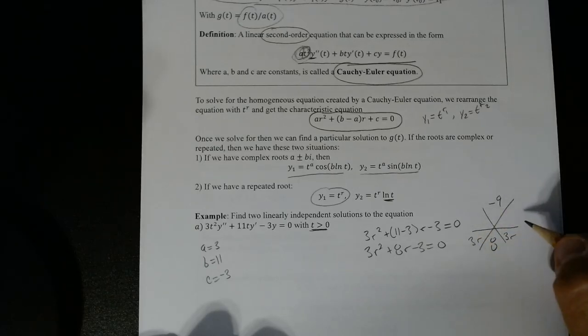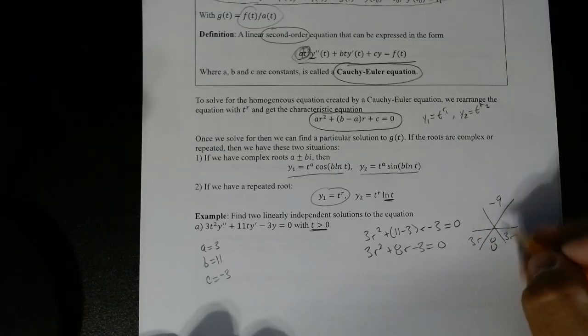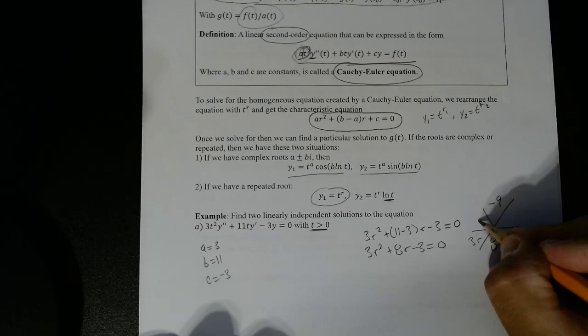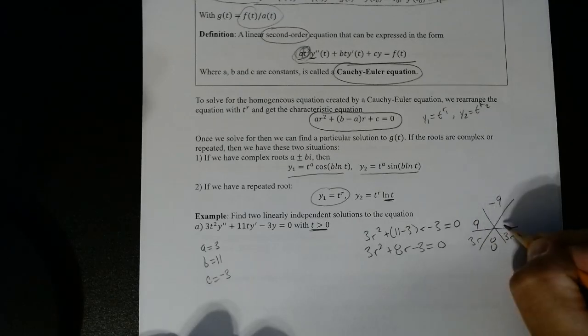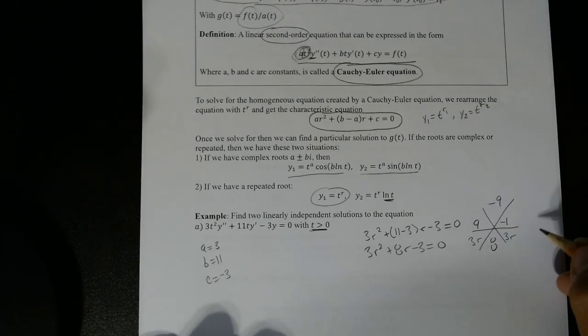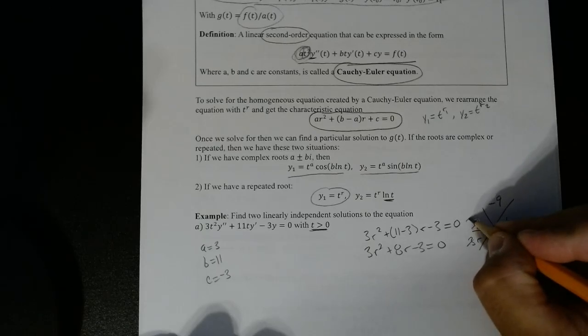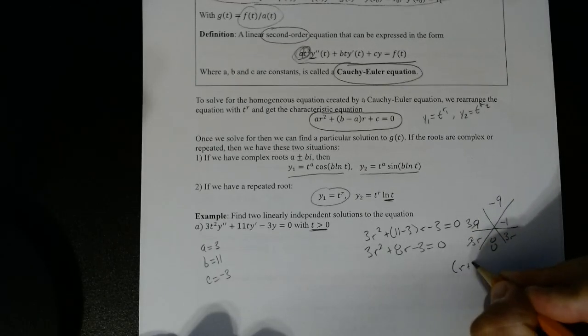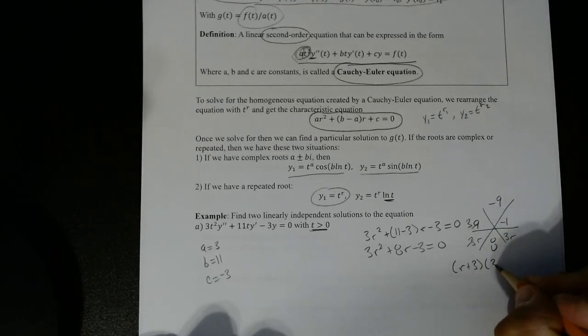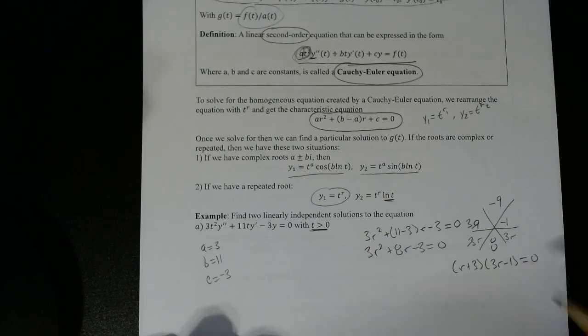We need two numbers that multiply to give negative 9 and add up to 8. It looks like maybe 9 and negative 1. It looks like those are our factors.